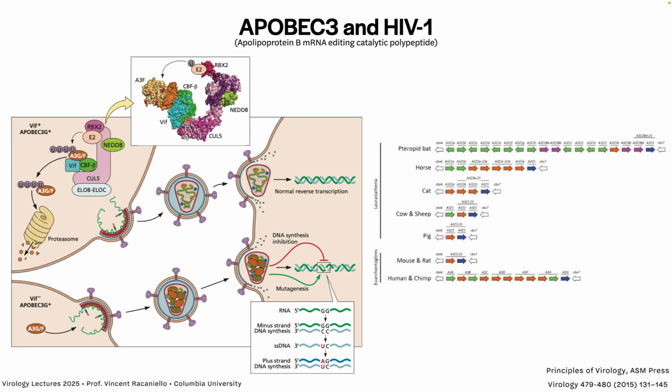But the enzyme APOBEC is going to do a cytidine deamination of C, and it's going to change it to a U. So now it will base pair with an A instead of a G. So you essentially introduce lots of mutations into the viral genome, and it's not infectious because you change a lot of C's.